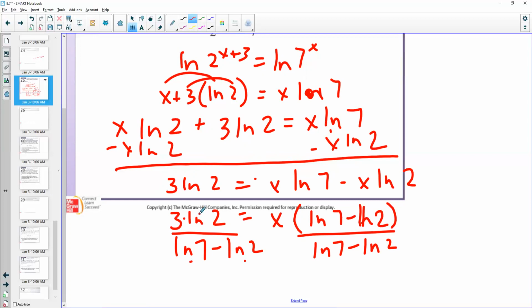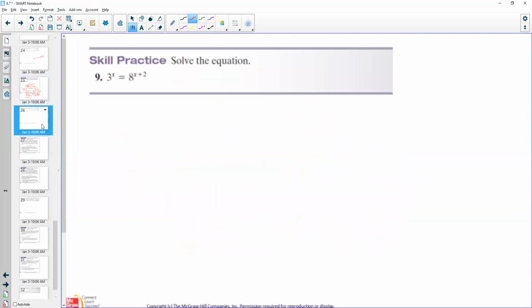When all is said and done here, I get somewhere in the neighborhood of x equals 1.66. Okay? It sounds complicated. Take your way through the steps. Do it a couple of times. Practice it. There's no substitute for practice in math.